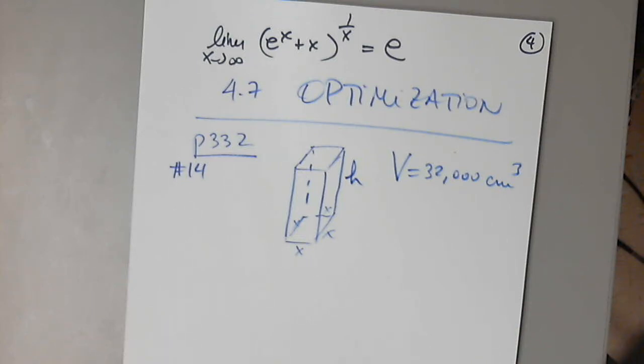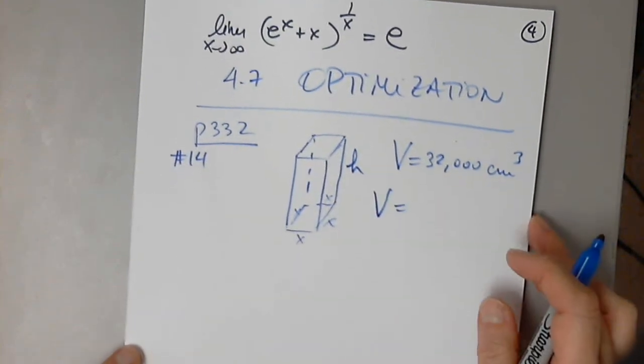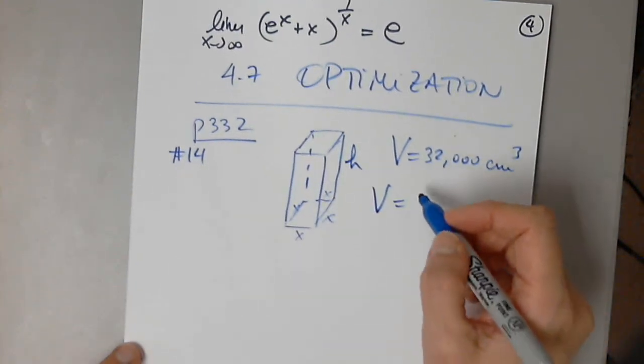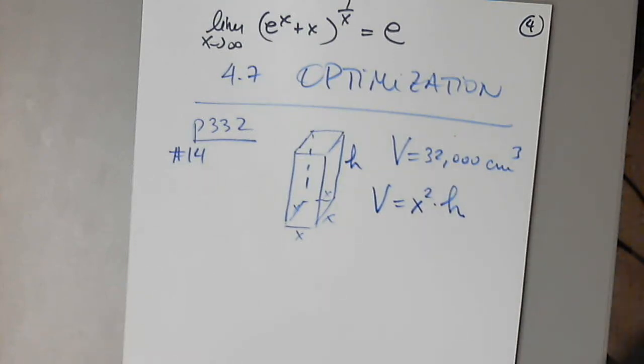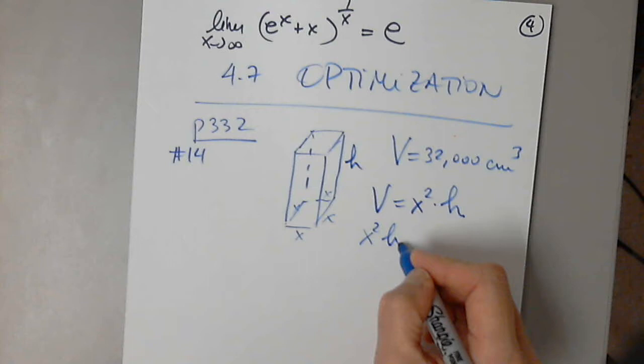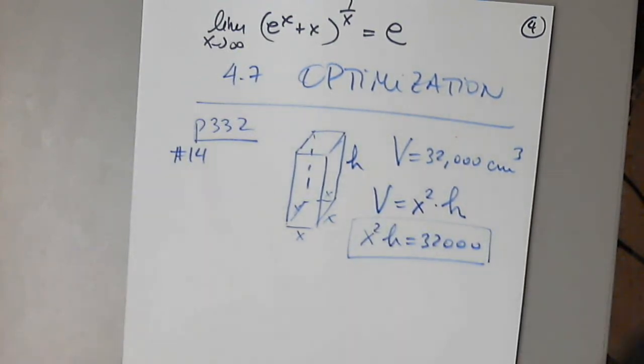So the material will be the exterior lateral area plus the base. The volume has to be 32,000 cubic centimeters, and I know the formula for the volume. What is the formula for the volume for such a box? h times x squared. Right, the area of the base times the height. Very good. Which I know must be 32,000. So this is what I have for now.